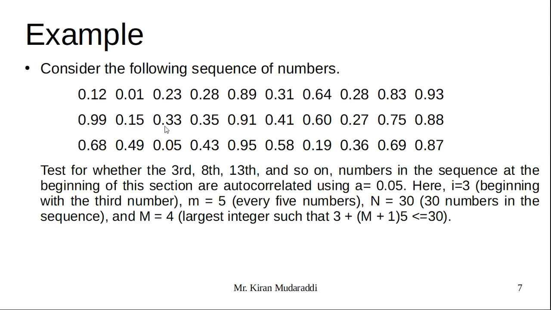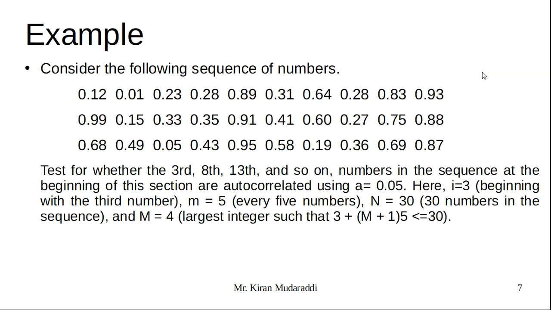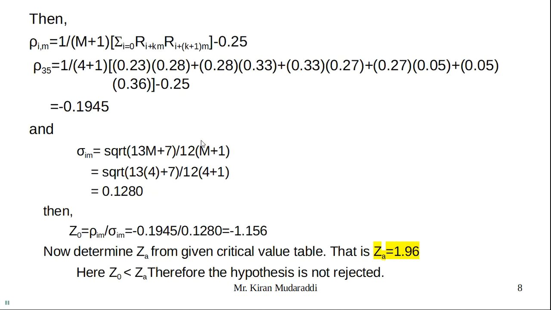So this is 0.33, and I'm going to multiply with 0.33. Similarly, you need to do it with all the numbers: 0.33 into 0.27, 0.27 into 0.05. That is my 13th number. It continues like that, and you need to compute this value.